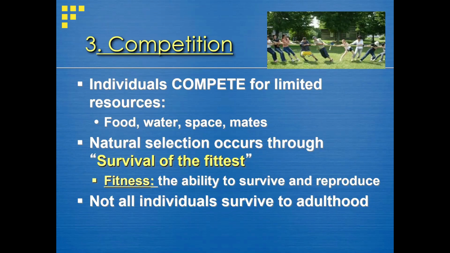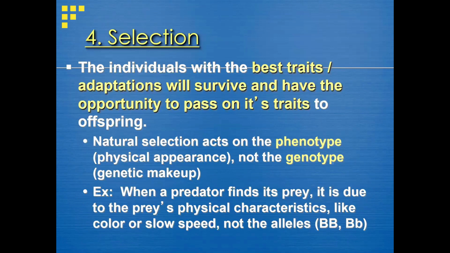Those organisms that are stronger in that particular environment will be the ones to benefit from the limited resources. And those that are not strong will not benefit from that. So those organisms that are not strong in the environment will die. And that is what we call competition and then selection.